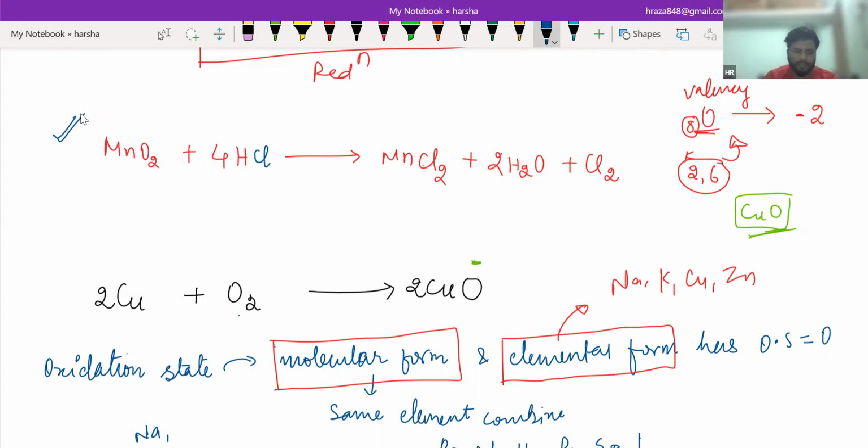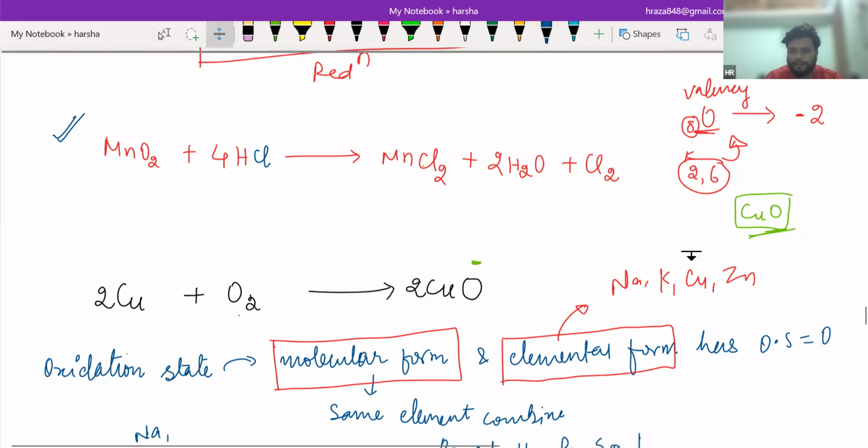Right? Okay, I will take an example. Is this balanced or not? Let me take some examples of this. I'm going to take an example from NCERT.